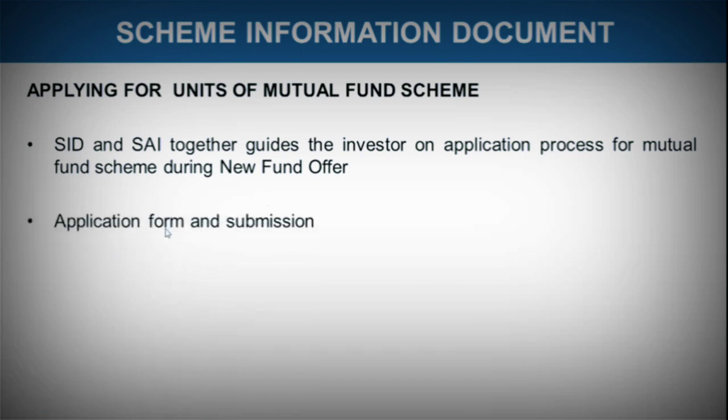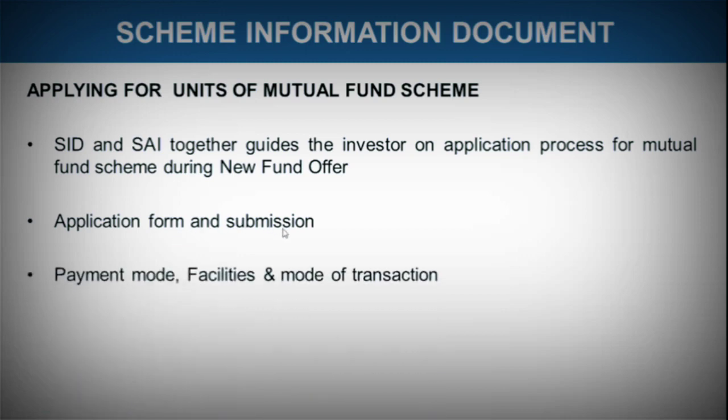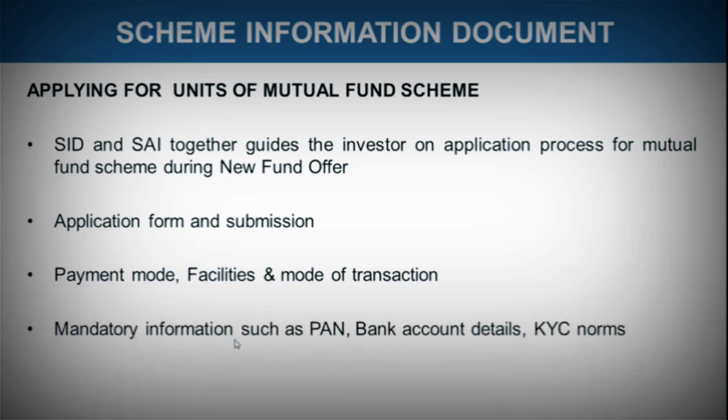Now it would present you with an application form which you have to fill, and then you can submit. What all things need to be filled would also be mentioned there. And there would be the payment mode, how you can make the payment, what the mode of transaction would be, all that would be clearly mentioned in the scheme information document. There would be certain mandatory information required from you as an investor.